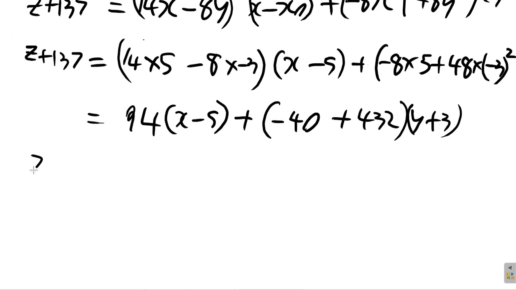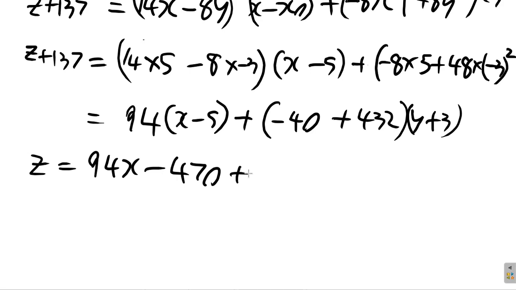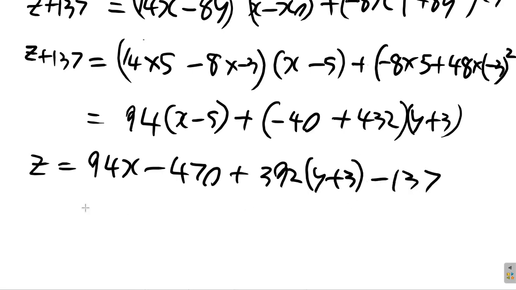Now, z is equal to, alright, we can subtract the 137 after. This is 94x minus 94 by 5, it was 470. 432 minus 40 is 392, 392 times y plus 3 minus 137.